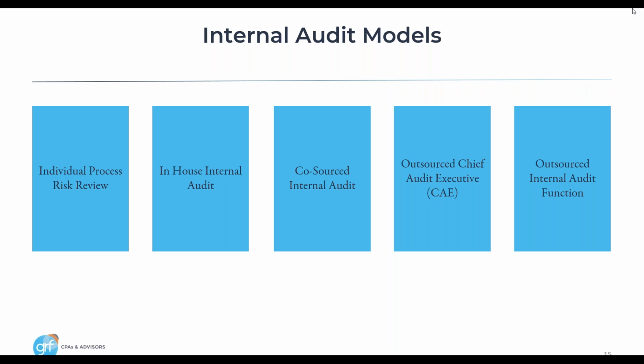So that brings us to co-source. A co-sourced internal audit model is one that I see a lot, and one that I think can add the most value at any of the different maturity levels. This is where you have internal audit staff from the organization, as well as outside expertise or outside consultants that provide advice and knowledge about the internal audit function.